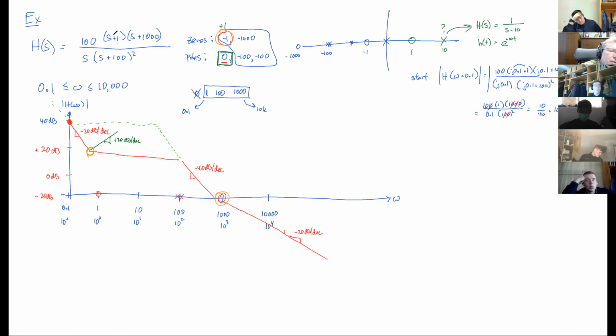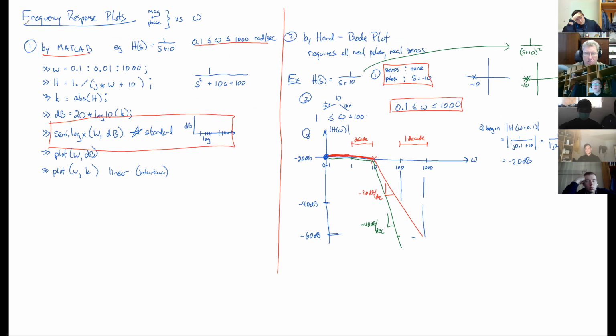All I need to do is replace this s plus 1 with an s plus 1/10, and voila, now I've got my answer. And that kind of intuition, that kind of seeing how you change your circuit to meet a changing design criterion, doesn't come from just being able to analyze things using MATLAB blindly.